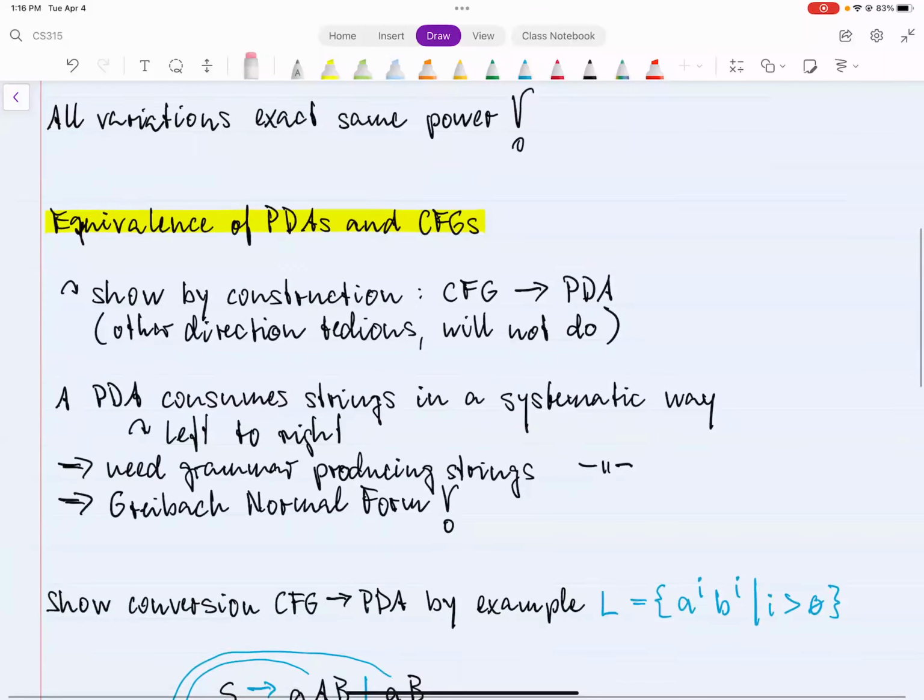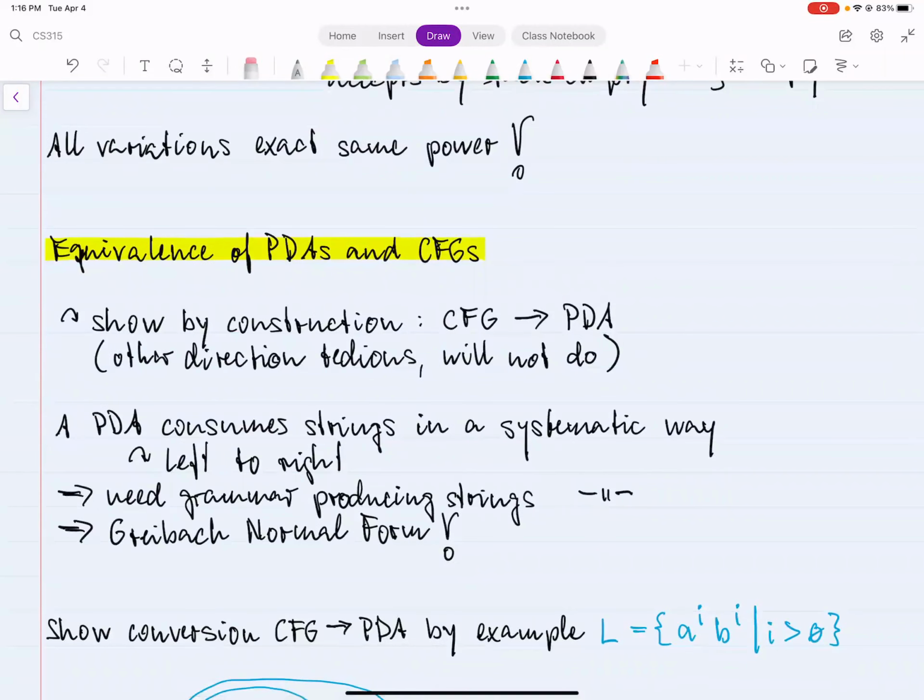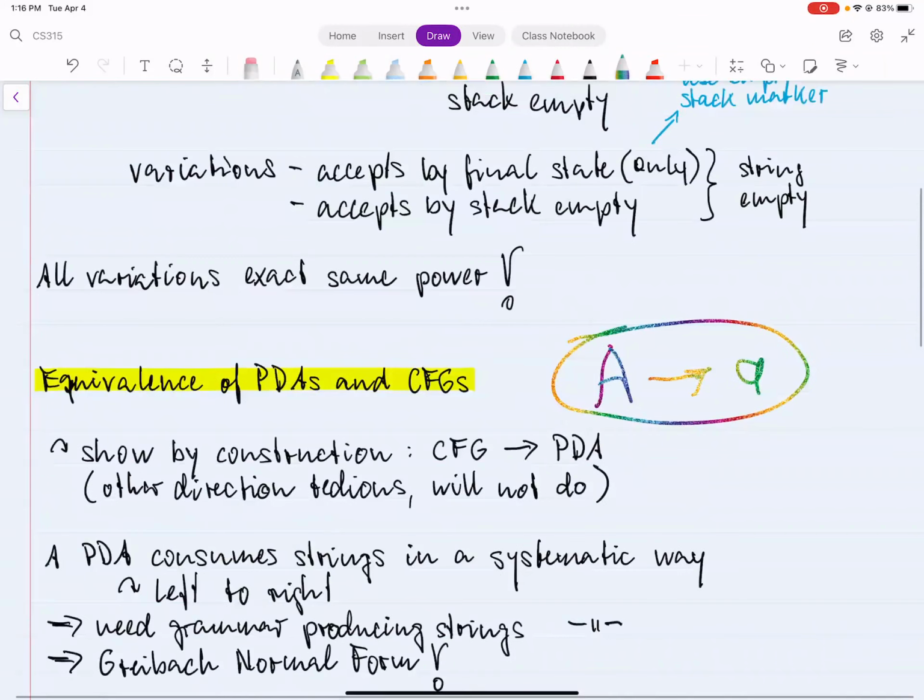When you think about anything being in Greibach normal form, you may go directly to the most simplistic rule that you have.